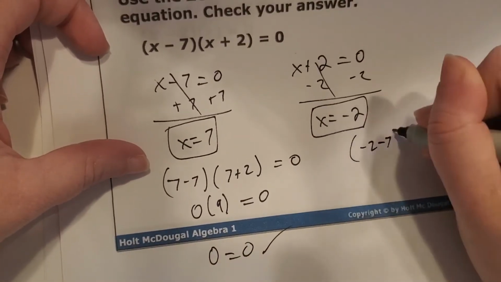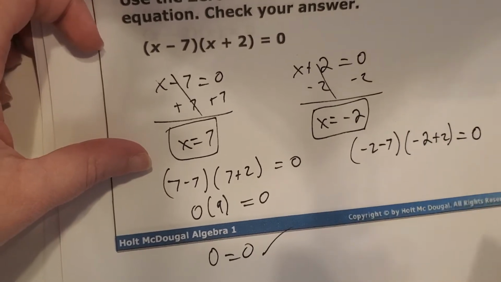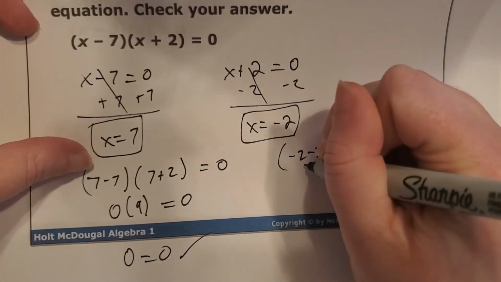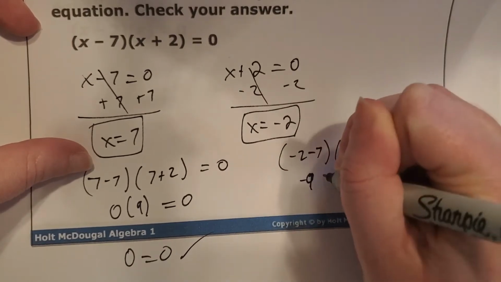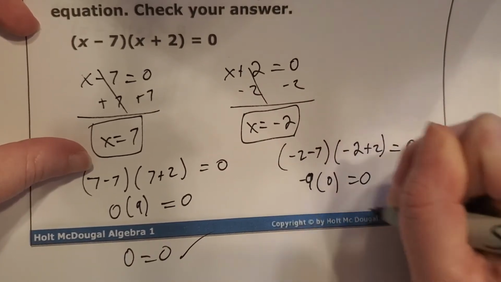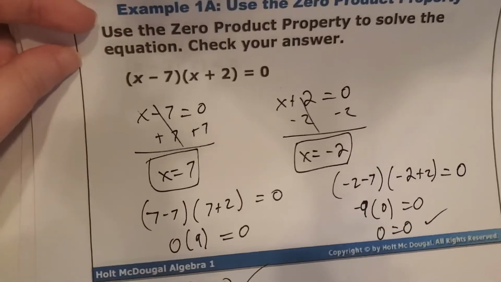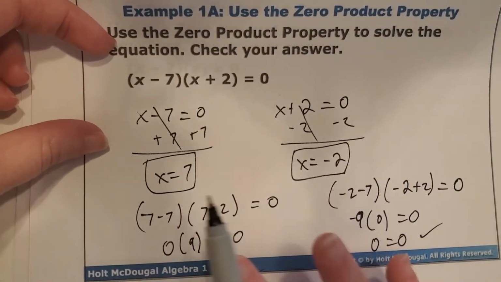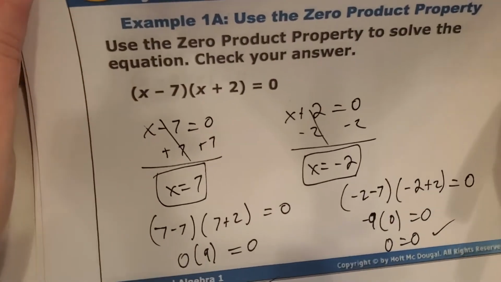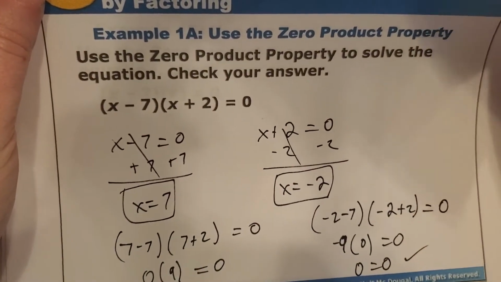Negative 2 minus 7 times negative 2 plus 2. We also want to see if that equals 0. Negative 2 minus 7 is negative 9. Times 0 is also 0. So that also works. So that means we got both values right, and these are both our solutions to our equation from the beginning. Okay?